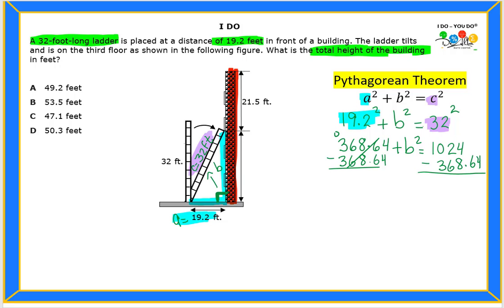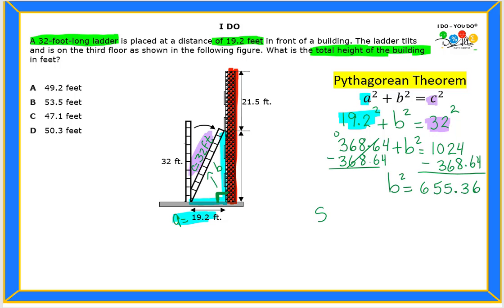It cancels that because it's a 0, and I end up with b squared equals, when we subtract the numbers, 655.36. Again, that's not my final answer because I'm looking for b, and what I see right now is b squared, or b to the second power.